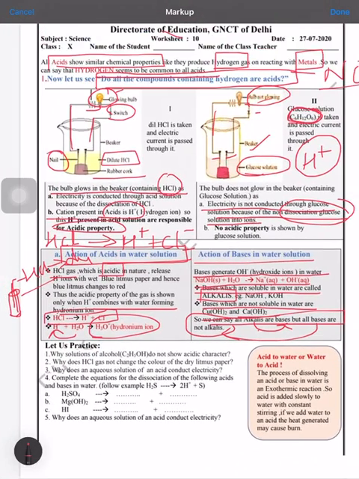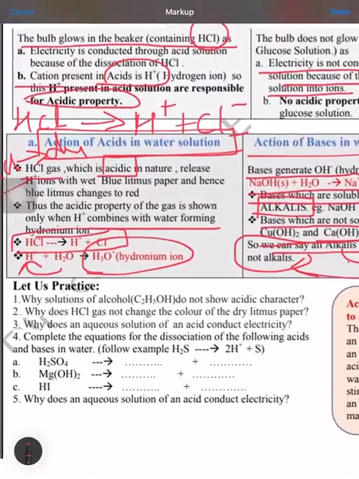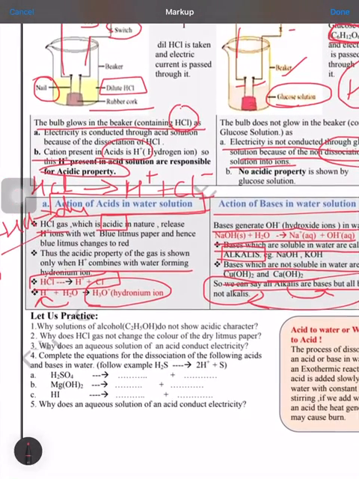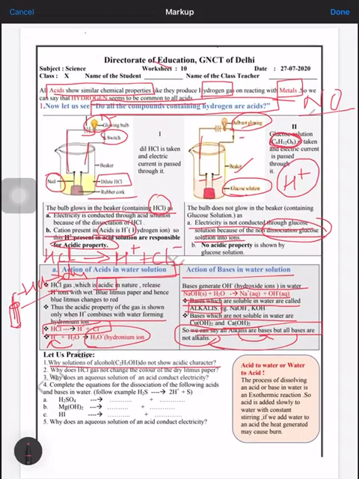Now see what is there in the question part. Why do solutions of alcohol not show acidic character? We can take the help of this activity. In this we are having glucose, and in this we are having alcohol.